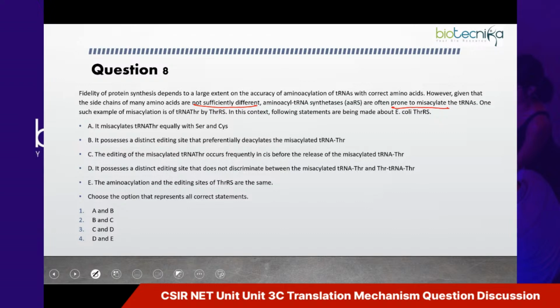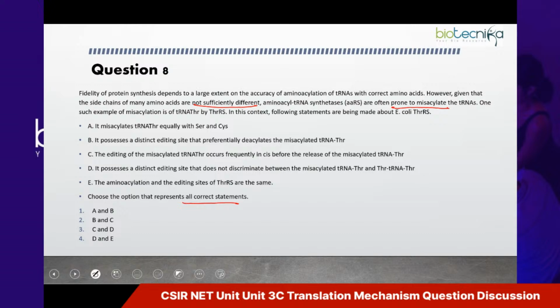One such example of misacylation is of tRNA having the anticodon for threonine by threonyl-tRNA synthetase. In this context, which of the statements are being made about E. coli threonyl-tRNA synthetase? So 5 statements are given: A, B, C, D, E. Choose the option that represents all the correct statements.